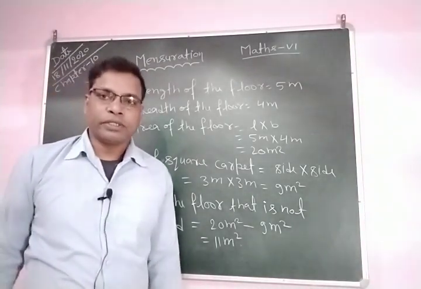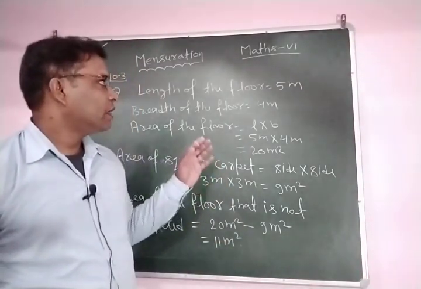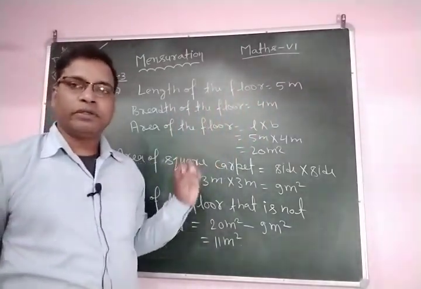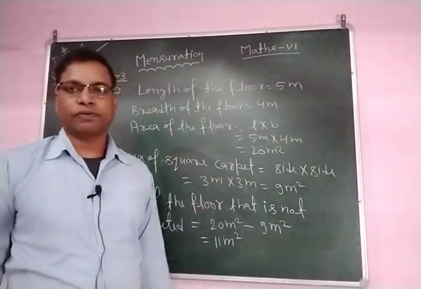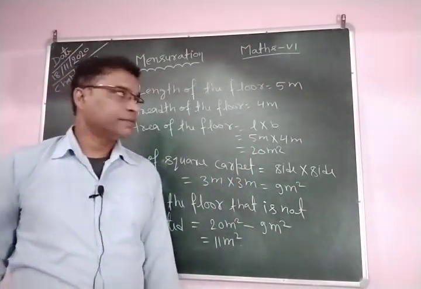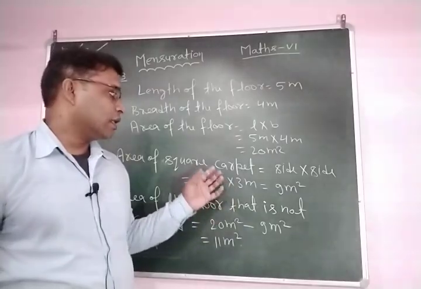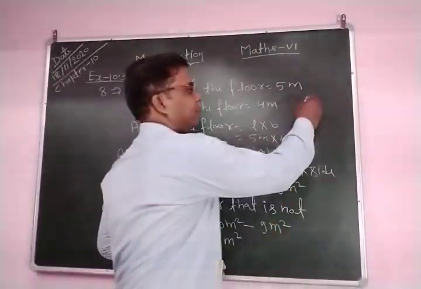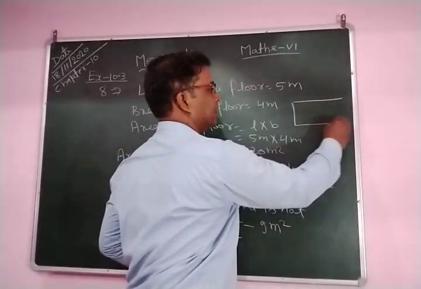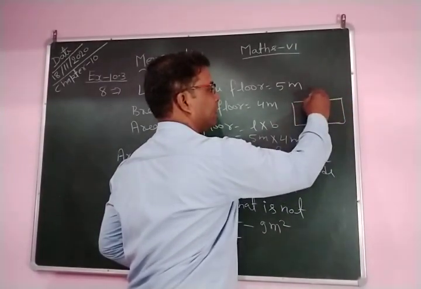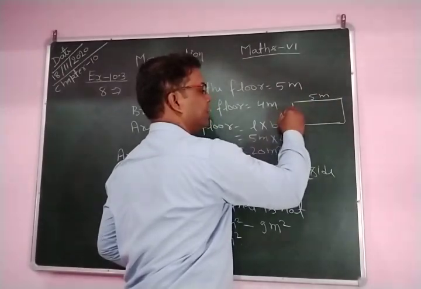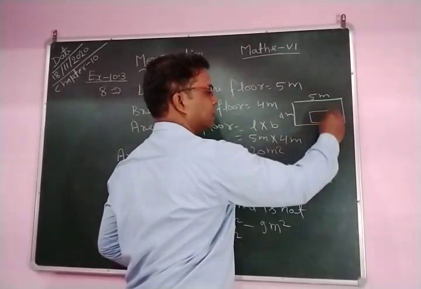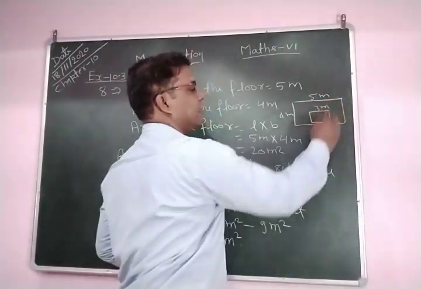Okay. So in this question, the length of the floor is 5 meter, breadth of floor is 4 meters. So you find the area of the floor is 20 meter square. Clear? Also, one carpet is laid on this floor like this. This is 5 meter, this is 4 meter, and one carpet which is a square of side 3 meter is laid on the floor.